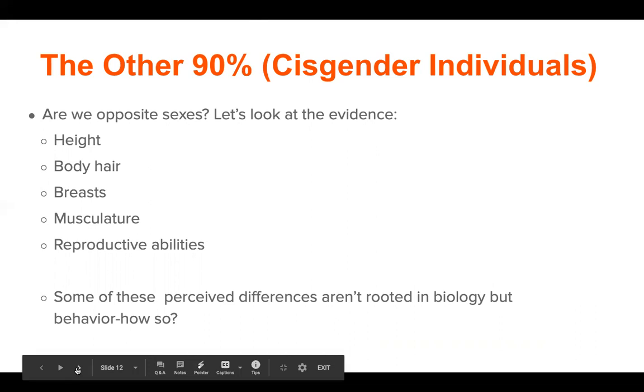There are some mean level differences, especially with something like height and body hair and breasts and musculature. But in all four of those cases, if you're thinking about them as graphs, there is what we call the law of the excluded middle, that point where the graph overlaps, right?